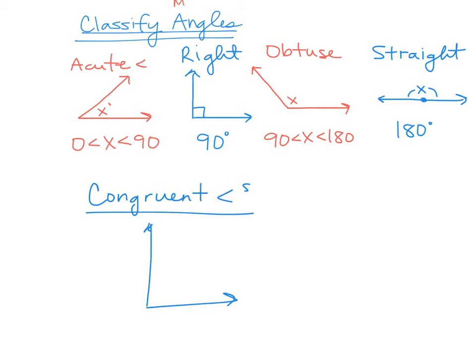All right, so say we have this setup. And I want to show that these angles are congruent. I can mark them like this. So an arc on this angle and an arc on that angle means those two angles are congruent.